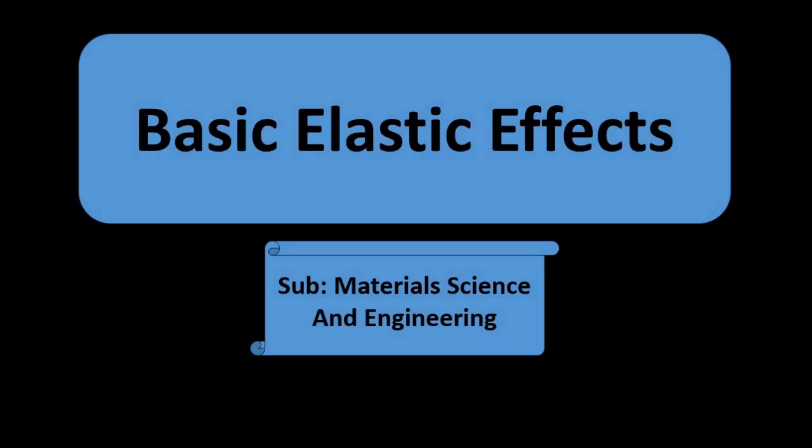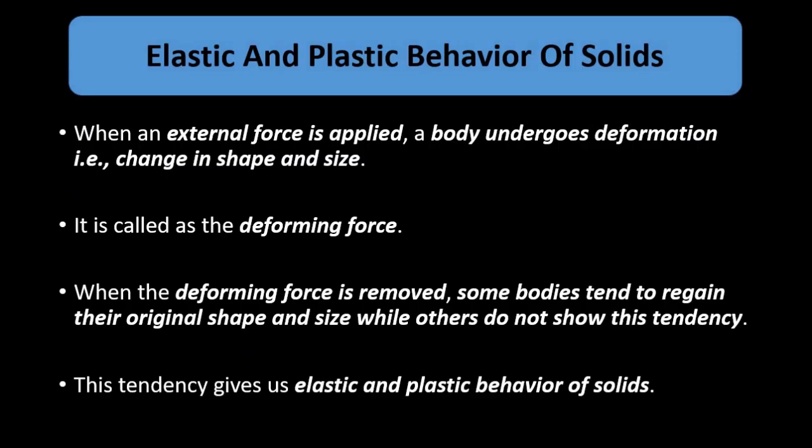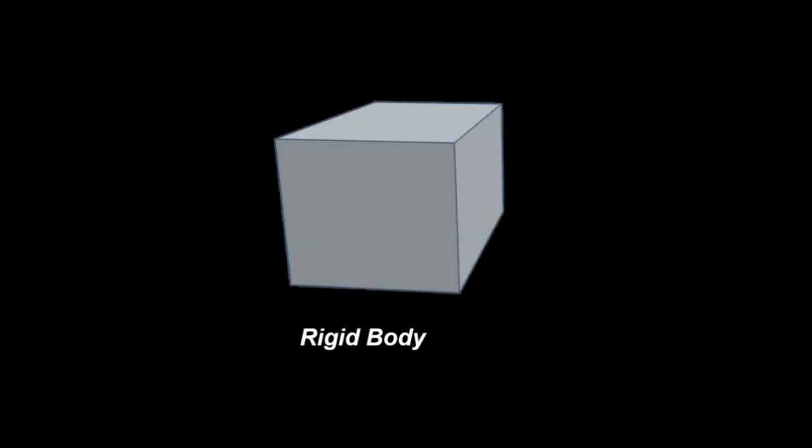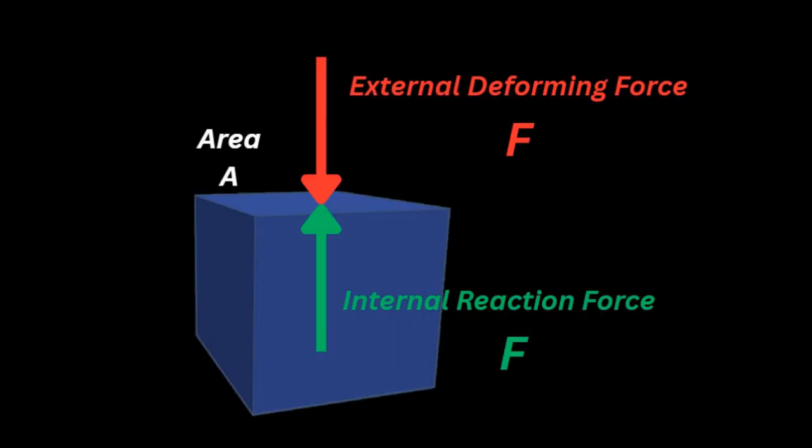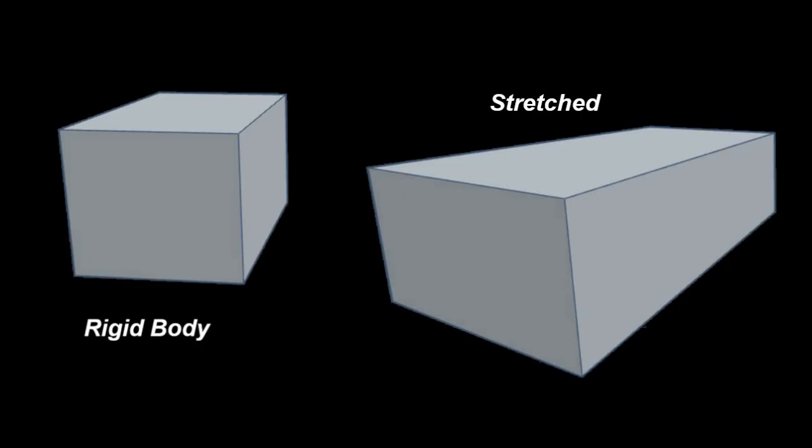So far we have discussed the elastic and plastic behavior of solids. Basically, if a body, a rigid body, not all bodies are perfectly rigid, is subjected to an external deforming force and it undergoes a change in its dimension, shape, size, bending angle or anything, and as long as the deforming force is there, the change is there.